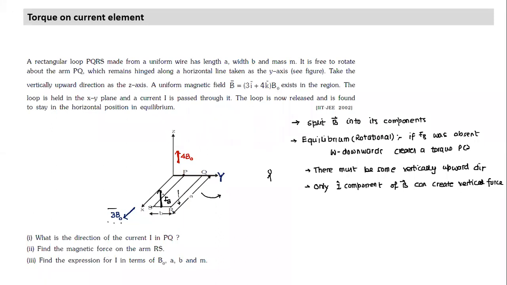B is in this direction, and I want force in this direction. Should the current flow from R to S or from S to R? Let me check the direction of R to S.